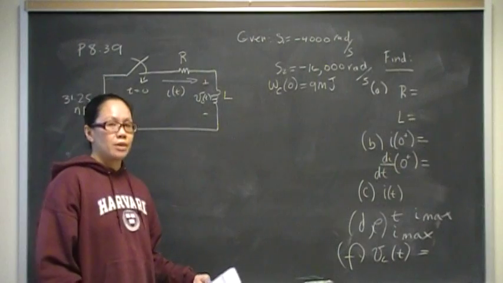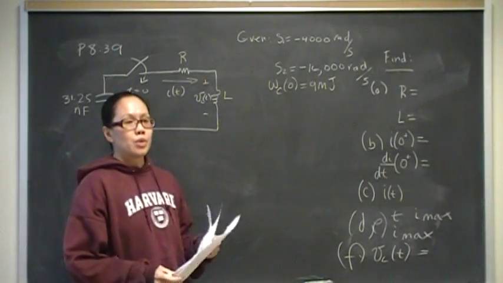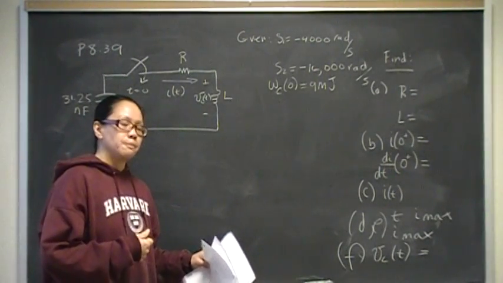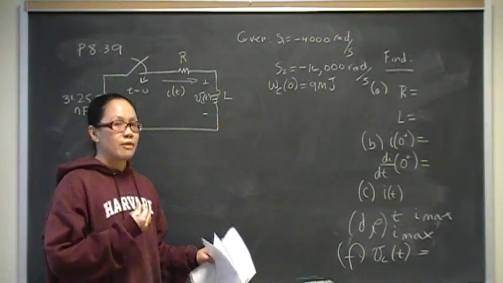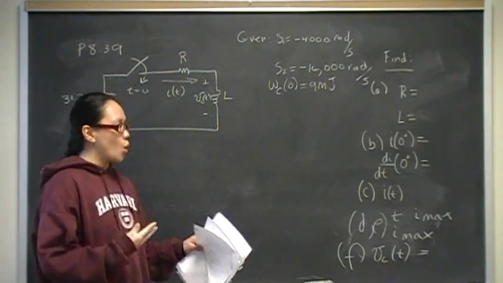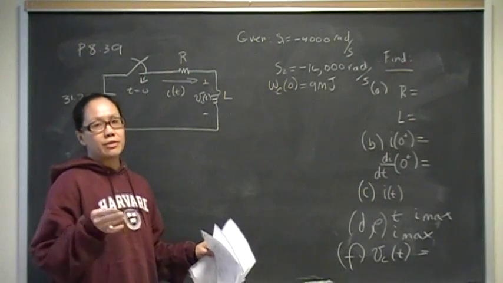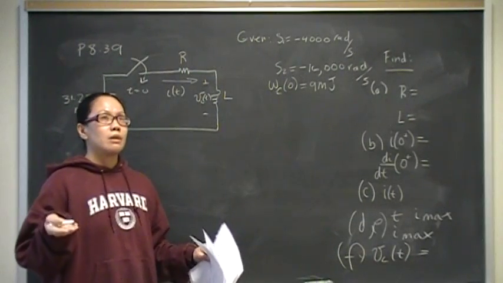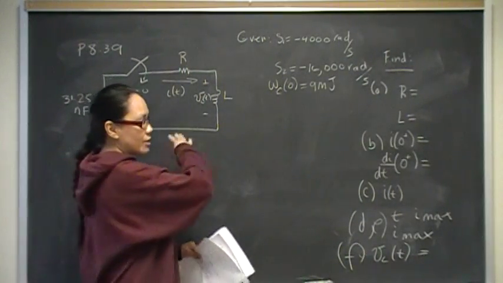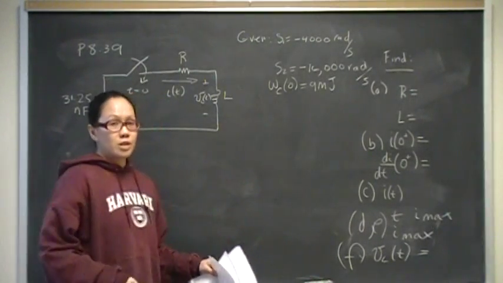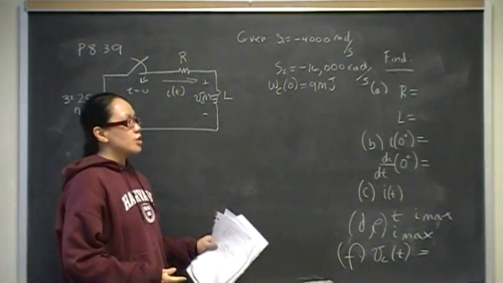The derivative of a function will tell you whether you have a maximum, a minimum, or a point of inflection. In circuits, we will always have a decaying response, therefore it's always going to give us a maximum.